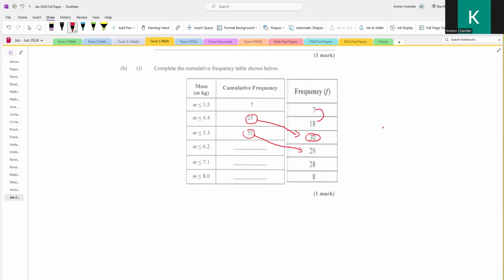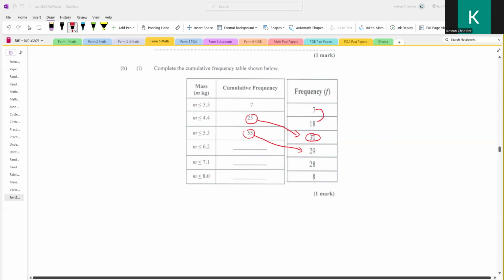It's like a running sum. They're adding up, and as they add up, they keep adding more numbers till they reach the 120. So 55 plus 29, that's 84 here now. Then adding the numbers from the next group here, 84 and 28 is 112. 112 and 8, 120.